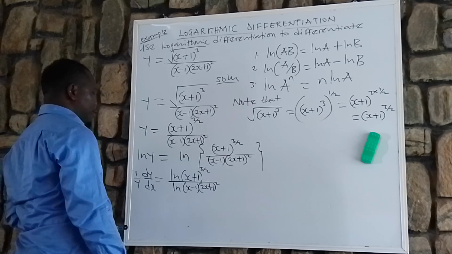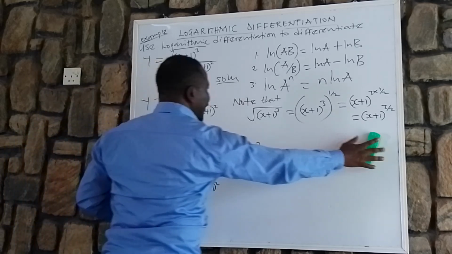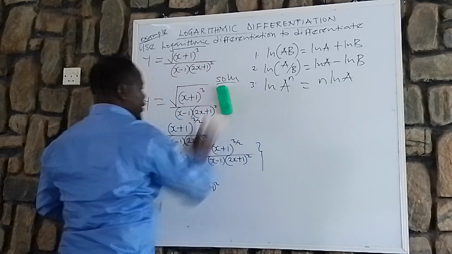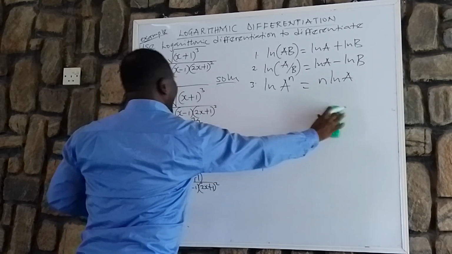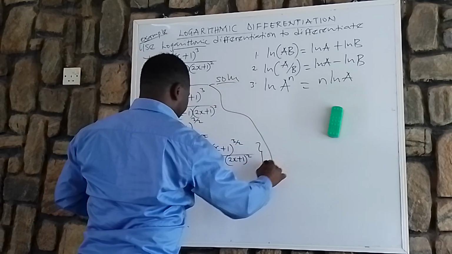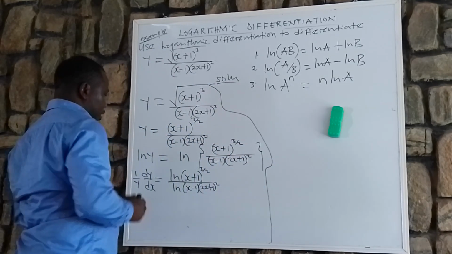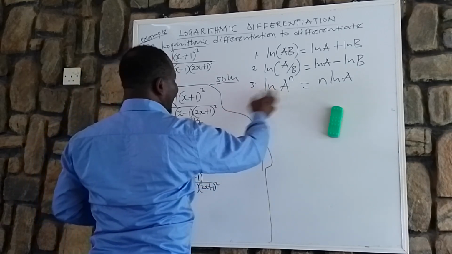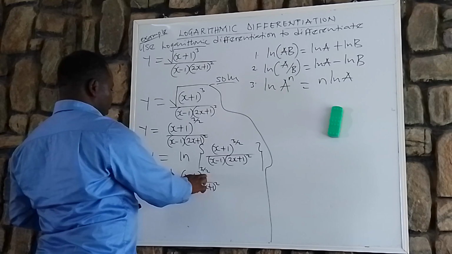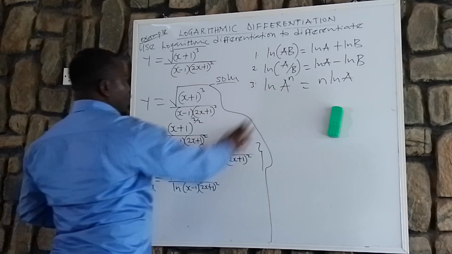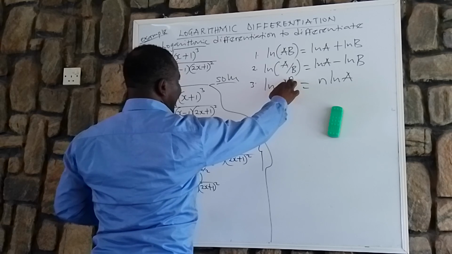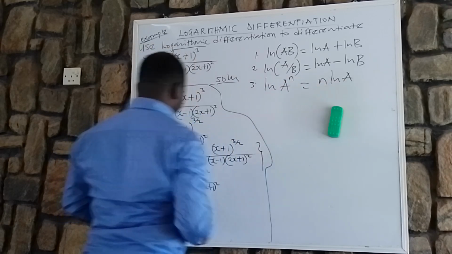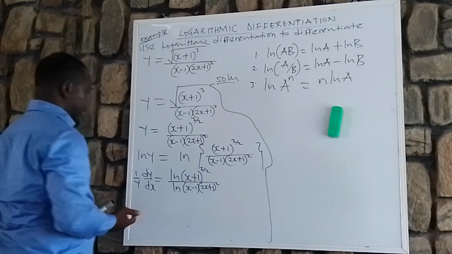Now, let's recall. I hope you are following me. Let us recall that if we have, look at this numerator, ln a raised to the power n, this is the same as n ln a, isn't it?